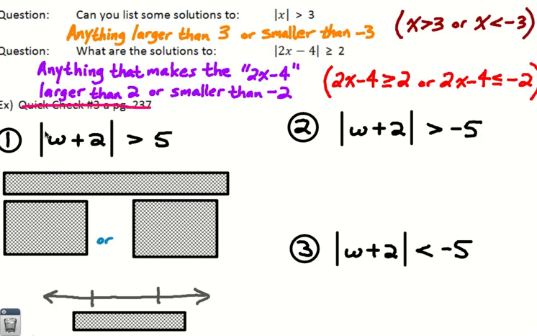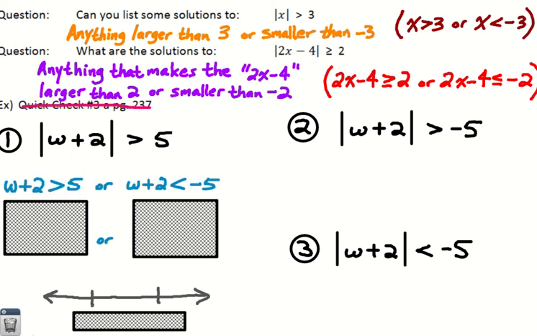But again, it's another problem where we don't have to do that. The absolute value of w plus 2 is all alone, so we can go right into splitting into two cases. In the one case, it's greater than 5 as is, but in the second case, w plus 2 is less than -5.